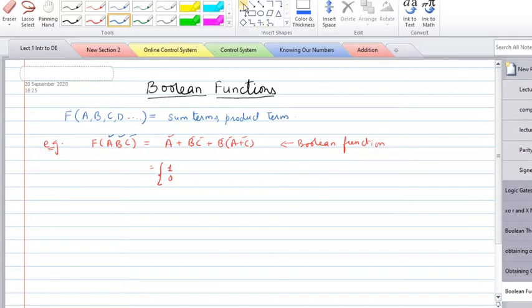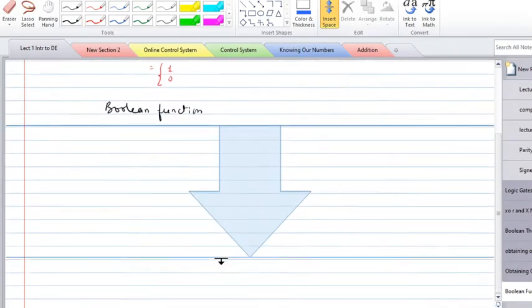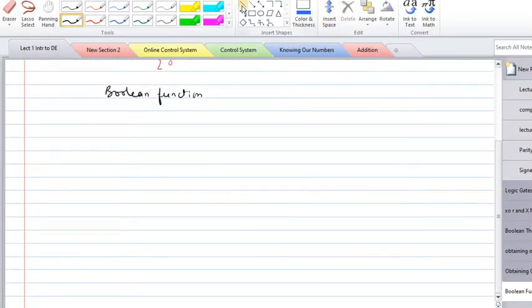Now, these Boolean functions can be of three types. First one is SOP form, SOP stands for sum of products.